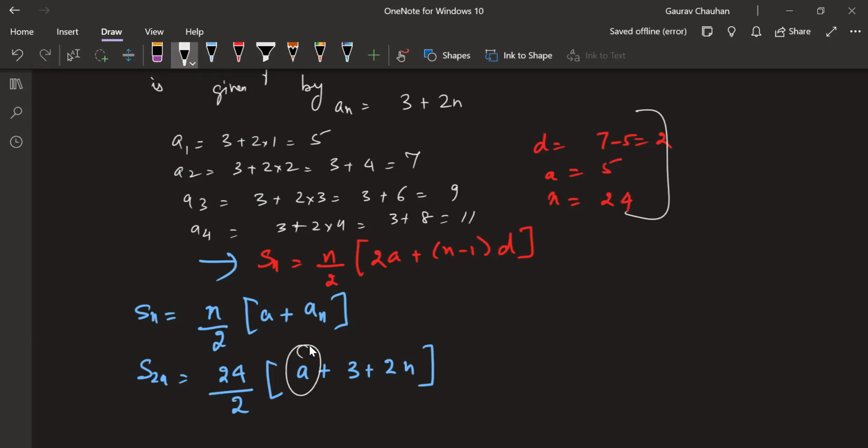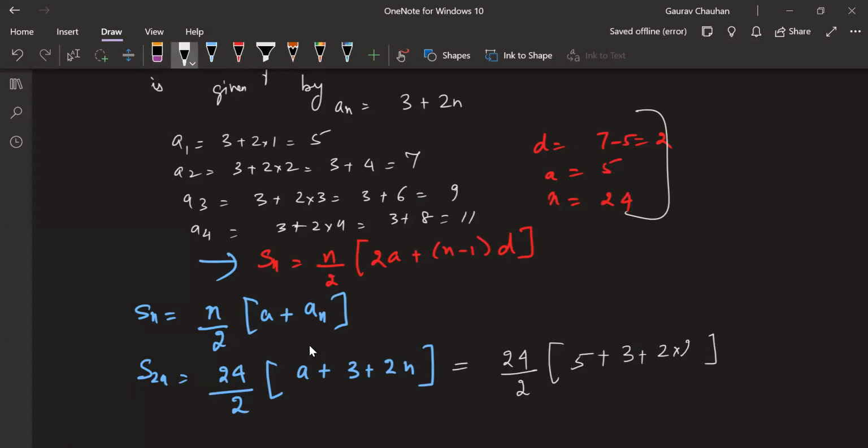Now you should put the a value and n value, right? Yes, sir. Got it? So what is the n value? It is 24. What is the a value? It is 5. You know that. So 5 plus 3 plus 2 into 24, you will end up getting the same answer as you will get from this formula. Okay? All right, both the methods are completely fine.